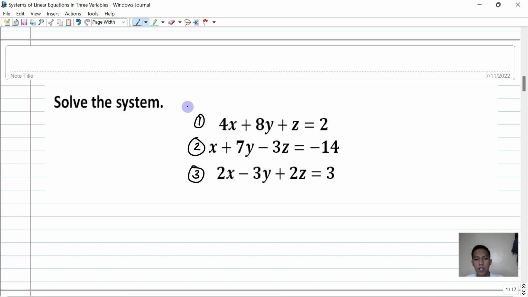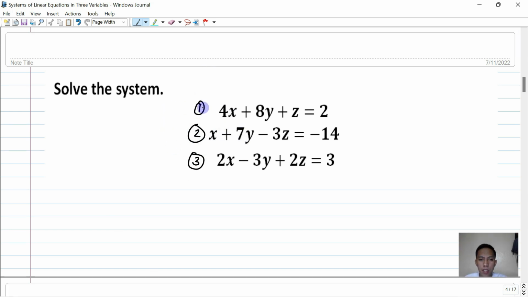And guys, gawin natin, pag-combine natin si equation 1 and 3 so that we can eliminate z. So if we are going to eliminate z, we should also have same coefficient for z sa third equation which is 2. So itong first equation, dapat i-multiply natin siya guys, both sides by 2.